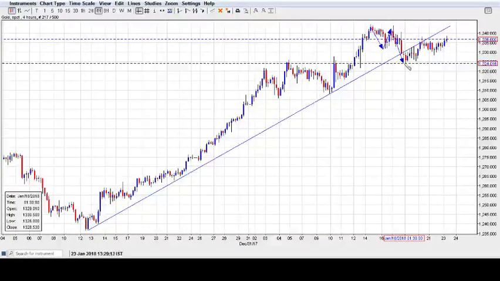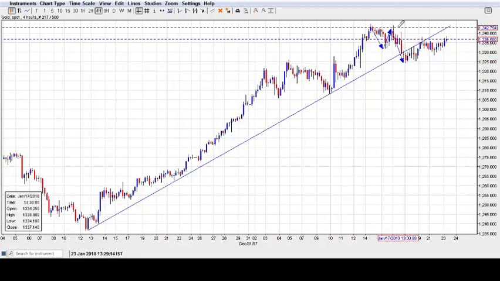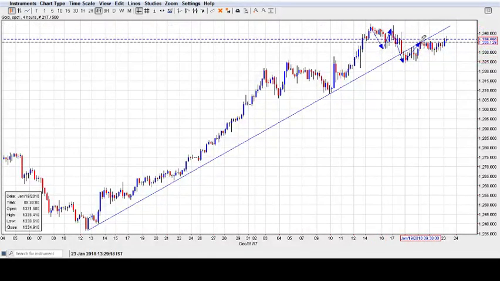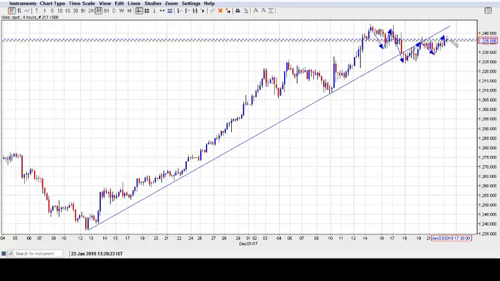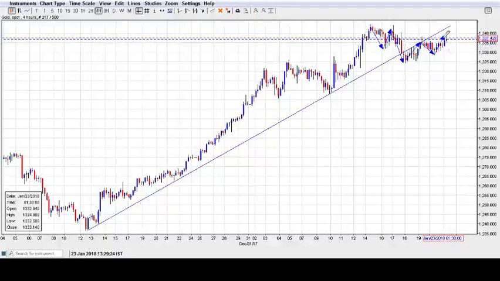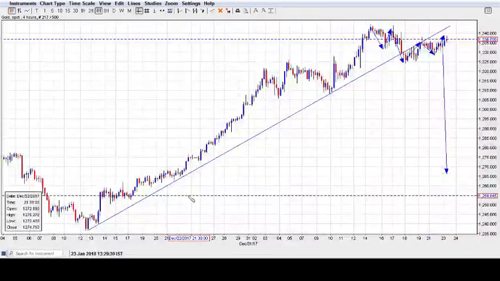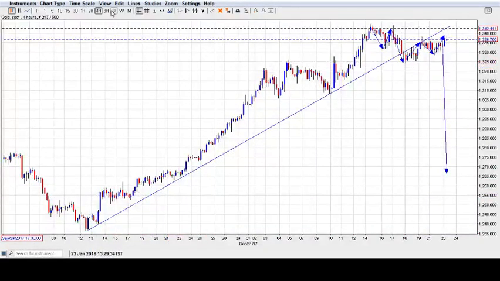So if you're trading this metal, you've got to be very vigilant. Don't keep your stop losses anywhere near 1342 or 44. Your stop losses need to go around the 1359 mark. Until and unless we are below that, the situation demands a break lower.